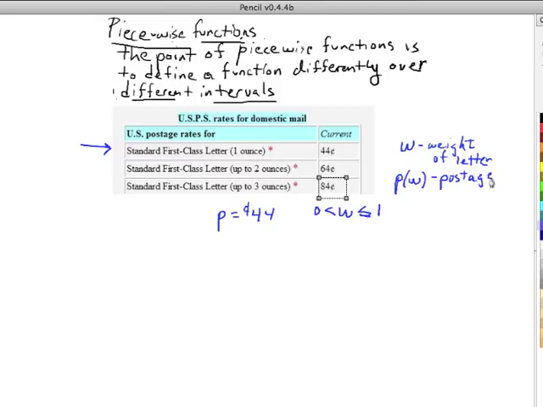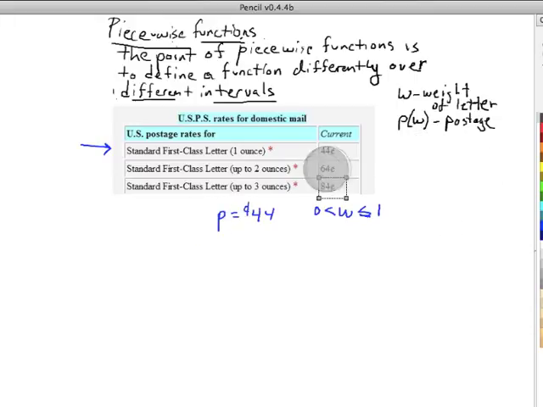Let me rewrite that so it's consistent. W is the weight of the letter, and the postage is a function of weight, so I'm going to write P of W. This is the postage. So the postage is 44 cents, that's the first case, up to and including 1 ounce.